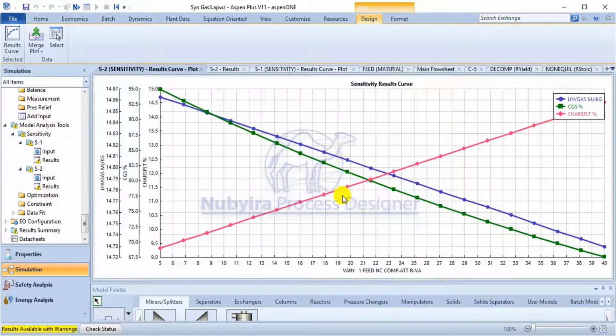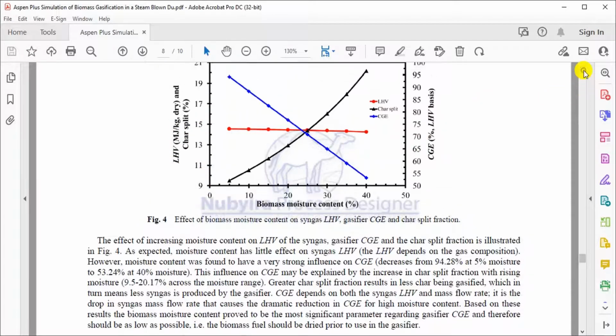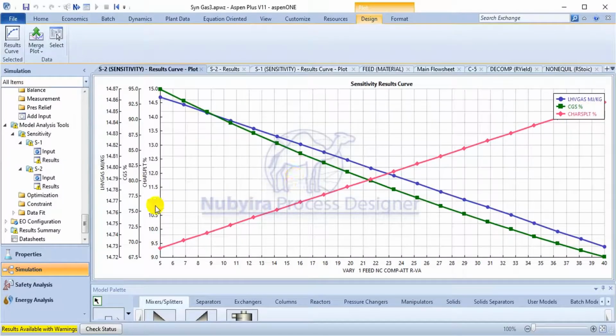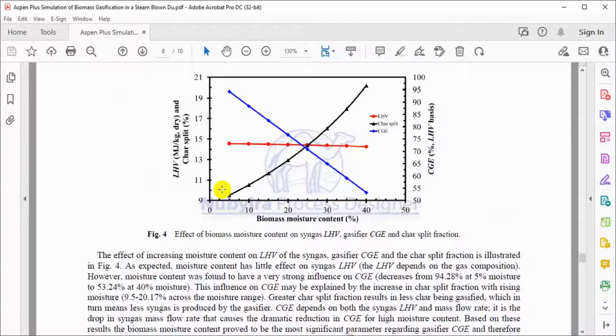It's more like this plot. The scaling for LHV, the low heating value, you can see this one is 14 to 14.8, and what they did is generally around 14. So it's like constant.